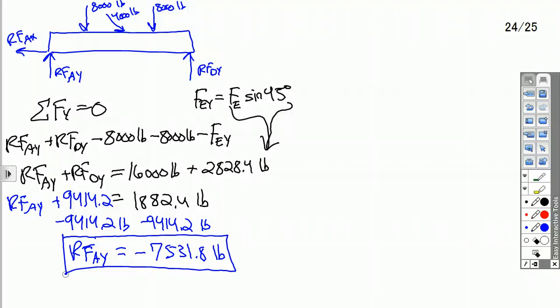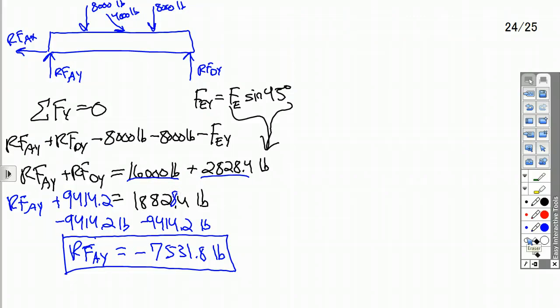That probably says that shouldn't be negative. So where did I make a mistake? Ah, and I see it. One step earlier, I took 16,000 plus 2828.4 is 18,828.4.